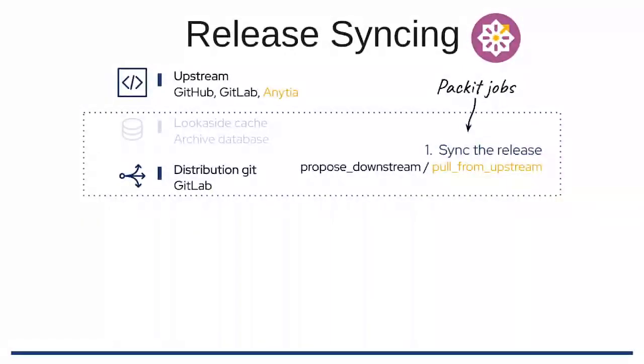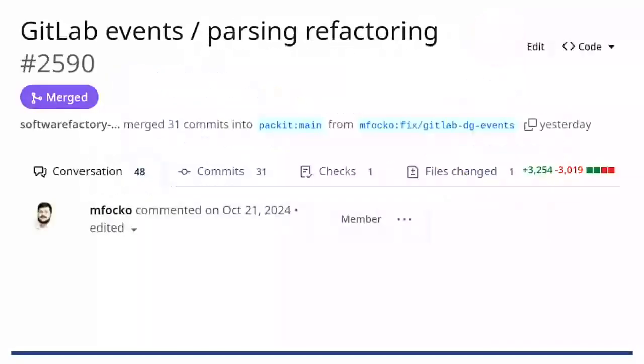So what's missing? That's the Anitya part, the release monitoring, so the pull workflow. There is still some work needed from our side to do this, about processing the events, because when we started Packit and the GitLab integration, we were thinking about GitLab just as an upstream, and so it took a while, Maciej, to actually do our homework and fix the event-based things.